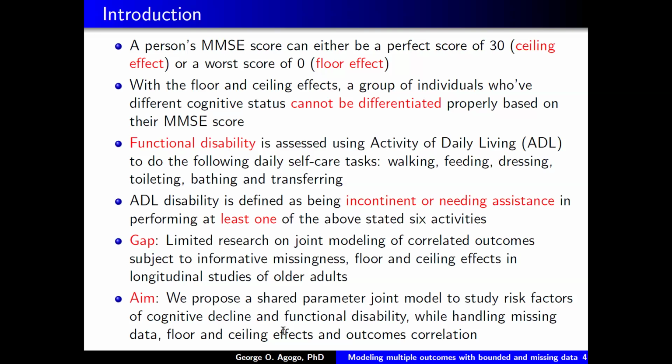In the literature, people have proposed methods to, for example, only account for the ceiling, but not the flooring, or the flooring, but not the ceiling. But in this particular work, we proposed a method to address both distributional aspects of MMSE score as a measure of cognitive function, while jointly modeling MMSE score with functional disability.